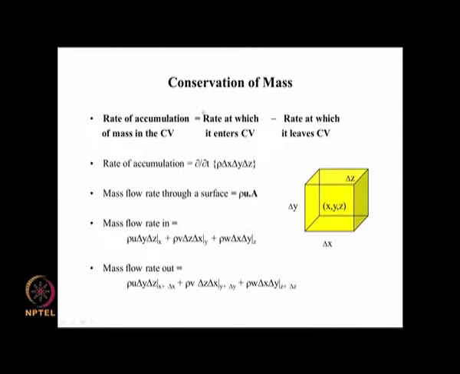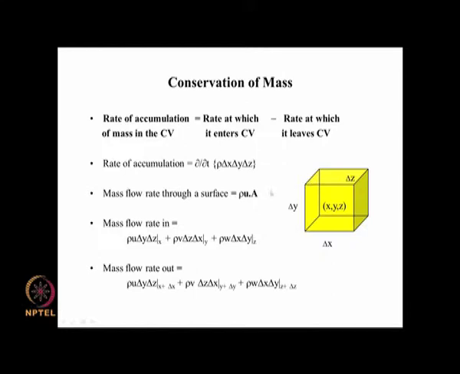Now we need to find out the rate at which the fluid enters and the rate at which it leaves. If you take a surface here, for example this face here at this point, then the mass flow rate through that surface is given by rho u dot A, that is, rho u dot dA, integrated over the entire surface.